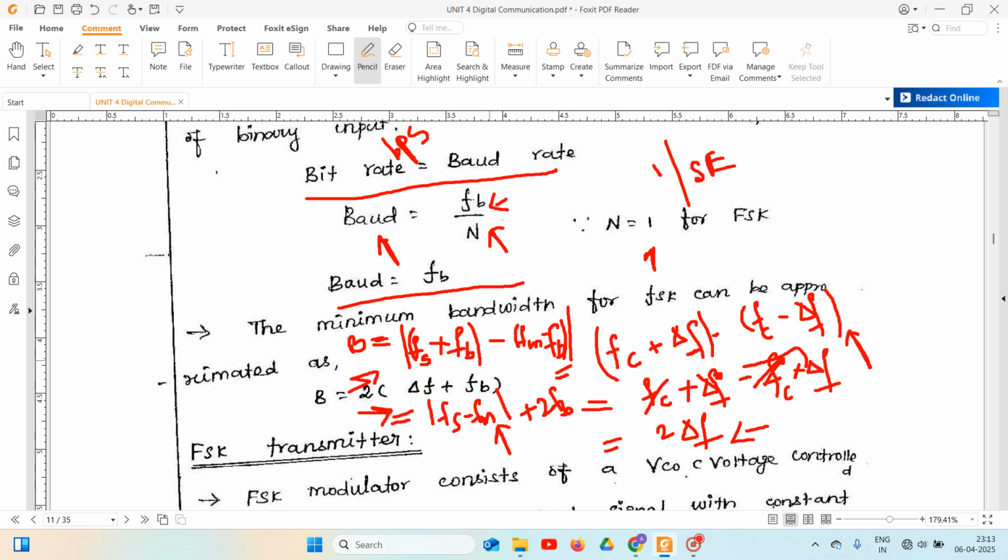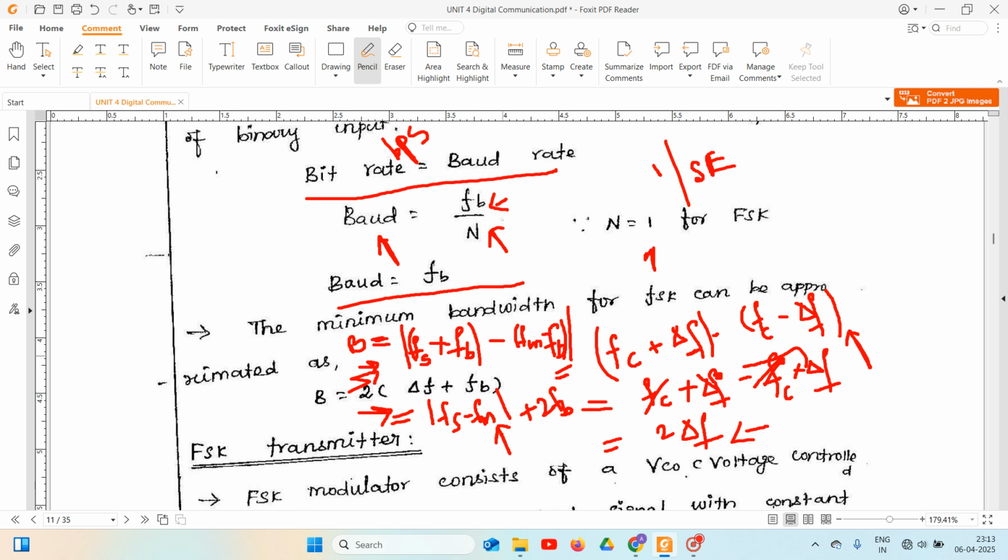Right? Here we need to find out the bandwidth of FSK. So this is the first equation. Bandwidth is equal to the modulus of Fs plus Fb minus Fm minus Fs, where Fs means signaling frequency, Fb means bit frequency, Fm is the mark frequency and Fs is the space frequency.